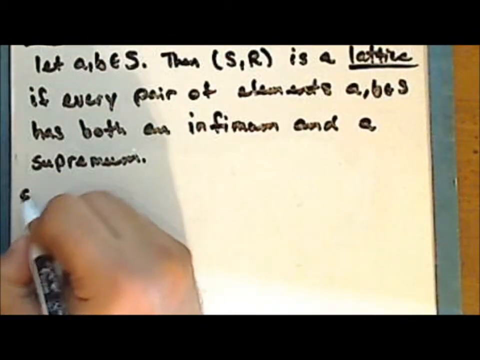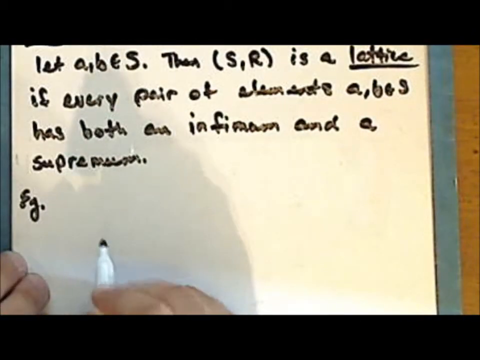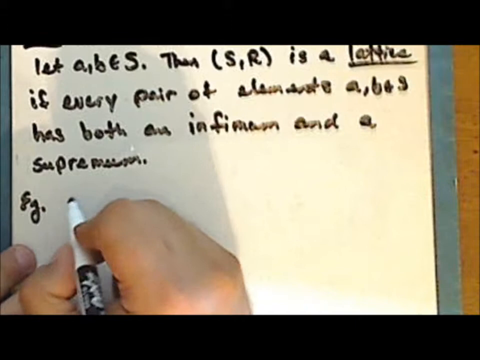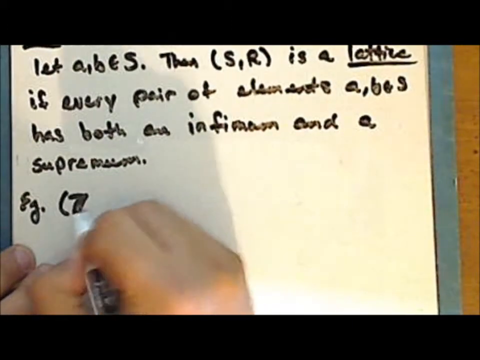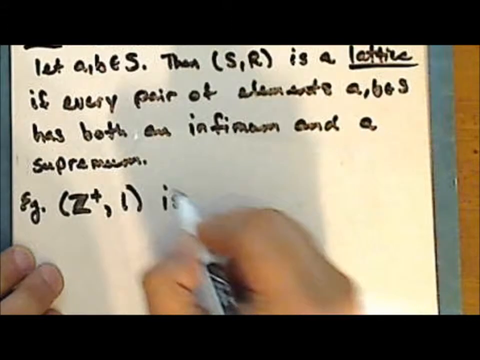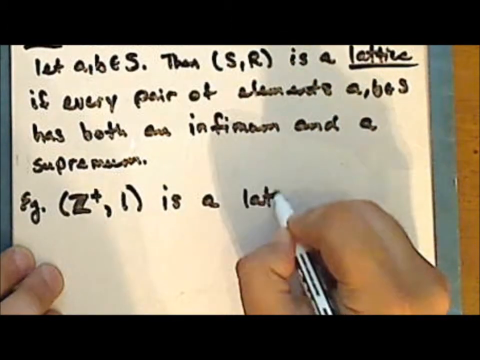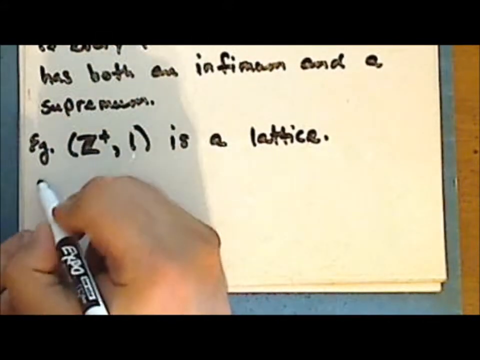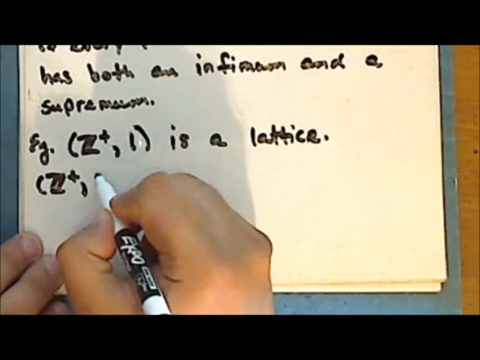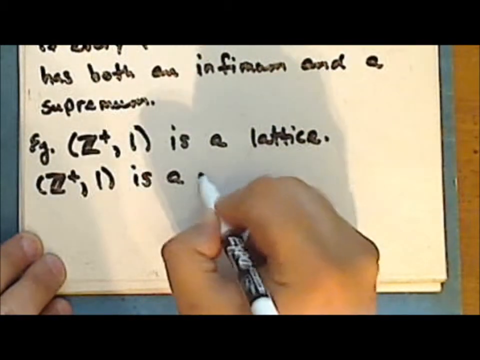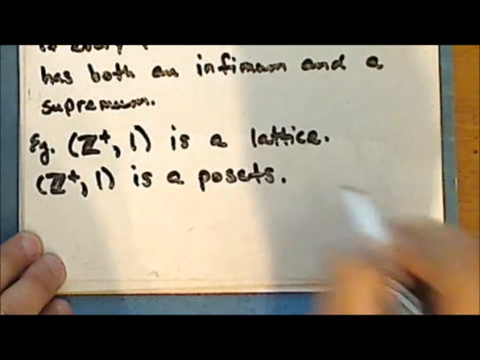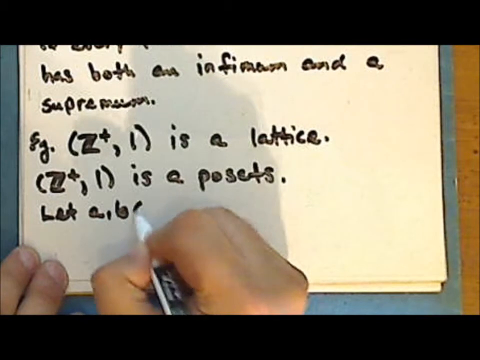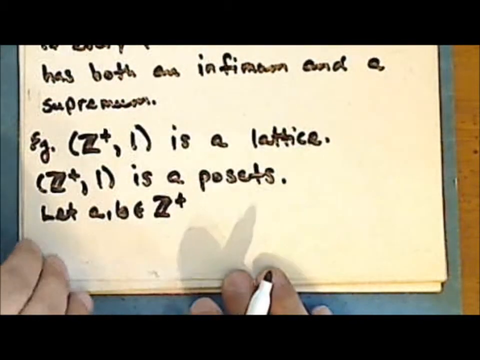Okay, so we'll look at an example using, once again, the poset consisting of the positive integers with the relation divides. And this poset is a lattice. So first of all, we know that the positive integers with the relation divides is a poset. So let A and B be any two elements in the set of positive integers.